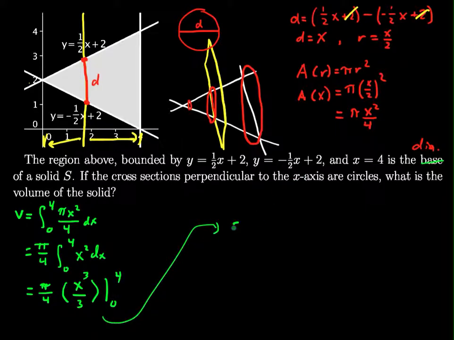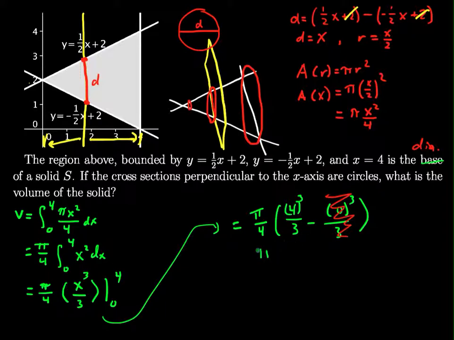And so that's going to equal pi over 4 multiplied by 4 cubed over 3 minus 0 cubed over 3. 0 cubed over 3 is, of course, 0 over 3, which is, of course, 0. So this whole thing is gone. 4 cubed is 64 over 3.